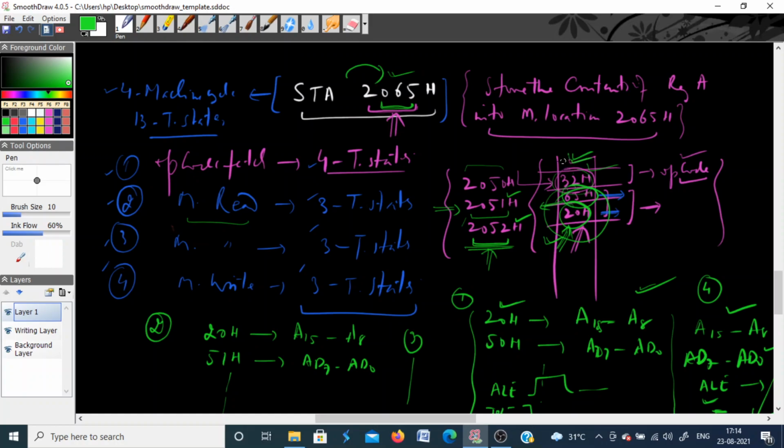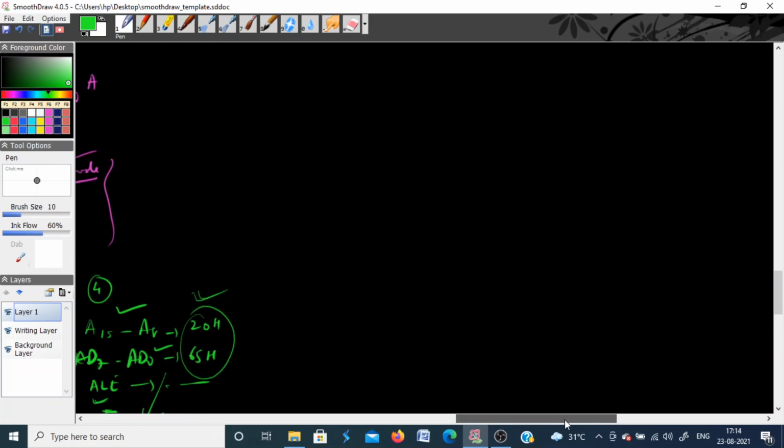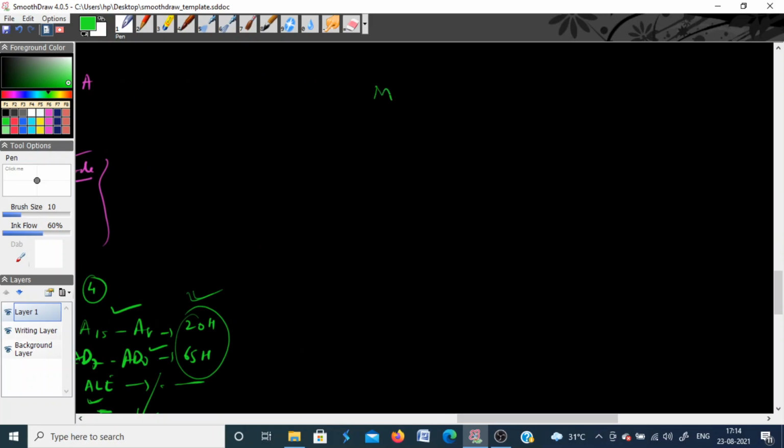So it is not the case that the number of machine cycles directly corresponds to the number of bytes used in the instruction. It was of course true for the previous case, the instruction MOV C, A, which was a single byte instruction, and we saw that it has only one machine cycle, the opcode fetch.